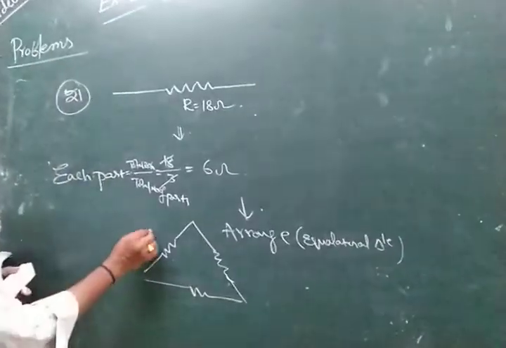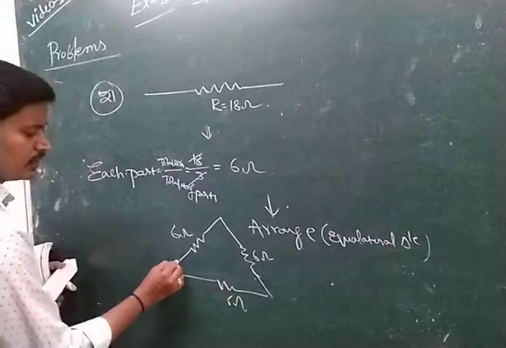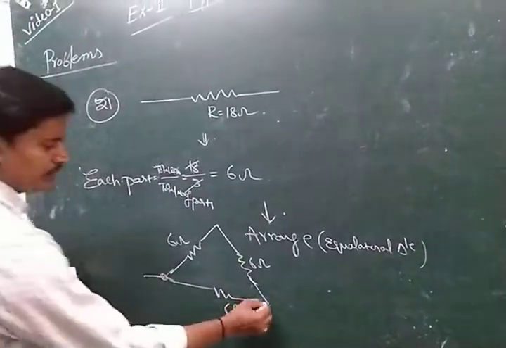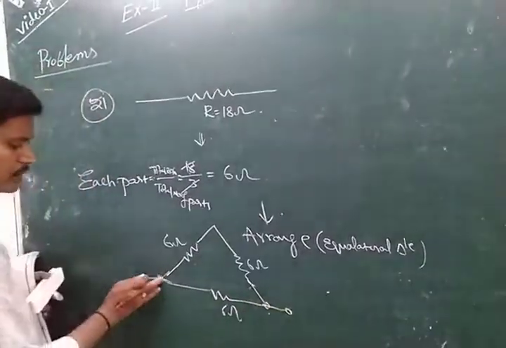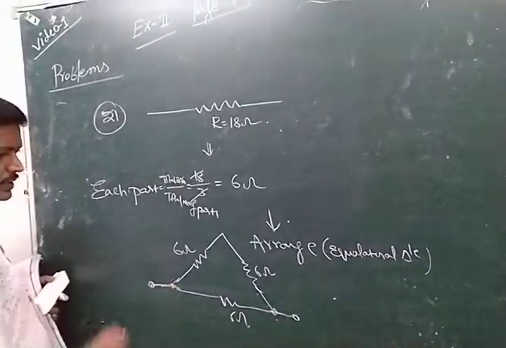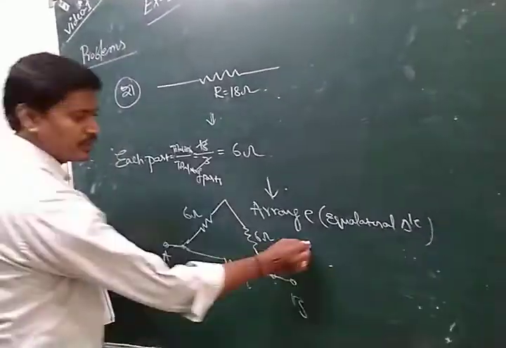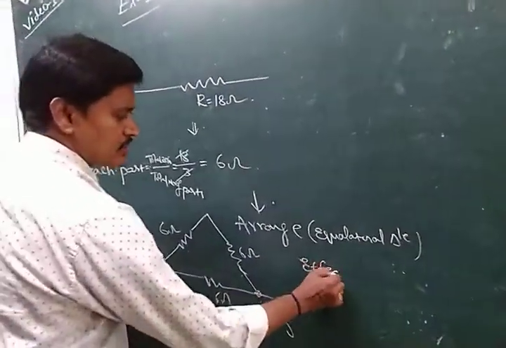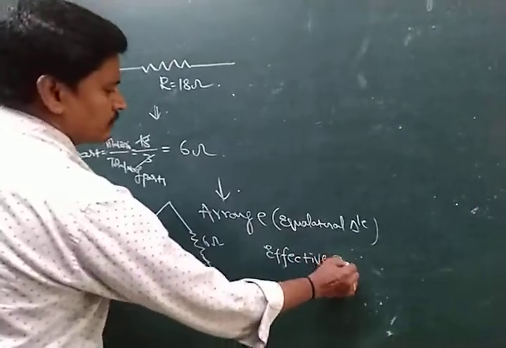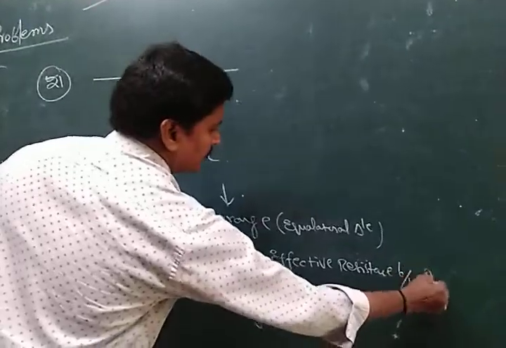So these are 6 ohms, 6 ohms, 6 ohms. Question: what is the effective resistance between A and B?